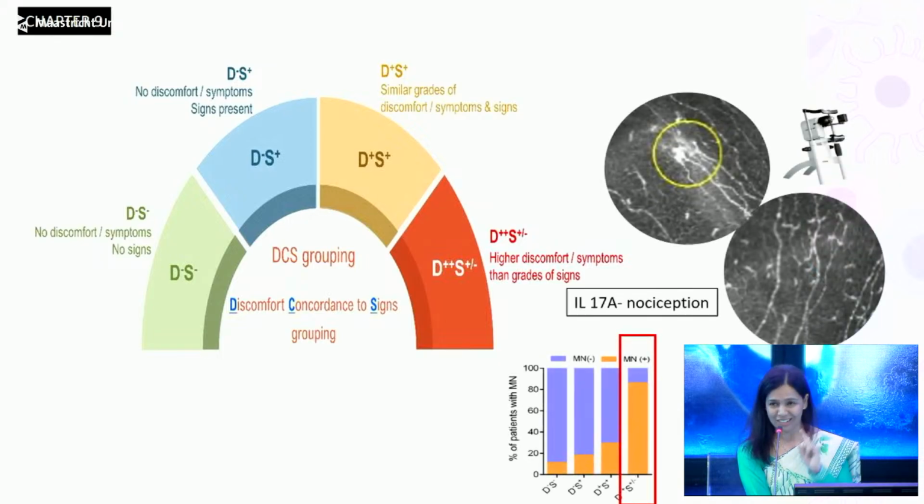And we found that in the patients who had significantly high symptoms as compared to their signs, they had very high microneuromas on their confocal microscopy. So what are microneuromas? They are just enlarged nerve endings, which then stimulate pain. And in these patients, we also had molecular factors, IL-17A, which is known to increase pain. So we found a reason for why they're having pain and a better way to treat them, because otherwise it's just the tear lubricants, and they didn't feel any better.